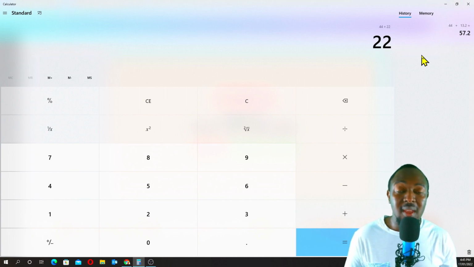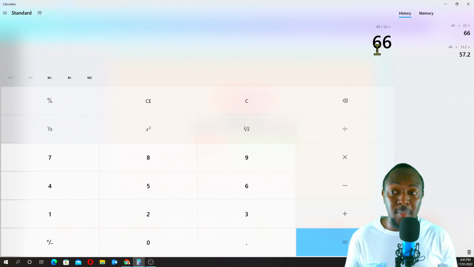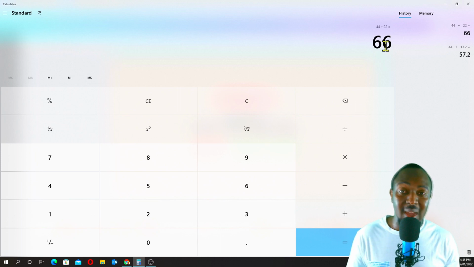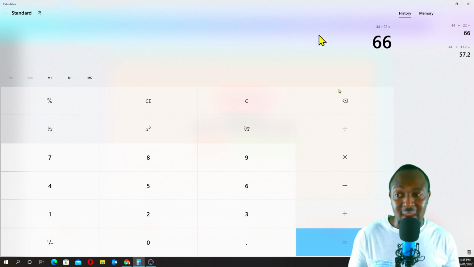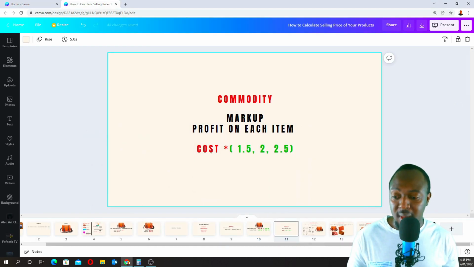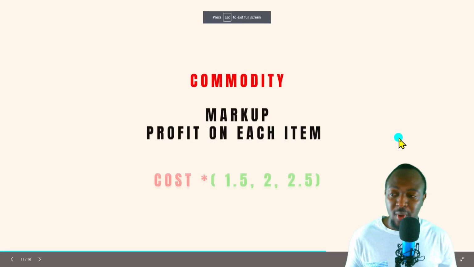So this would be your profit. And your selling price would be 66 cedis to make your profit of 22 Ghana cedis. So this is profit margin, and most people use this instead of cost times 1.5, cost times 2, or cost times 2.5. I hope you get the calculations here. So most people also use profit margins.